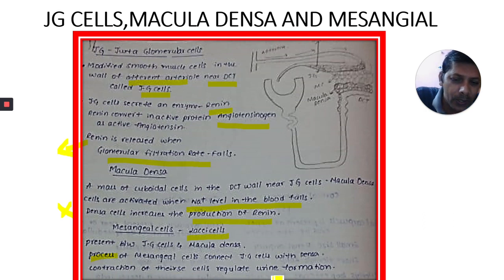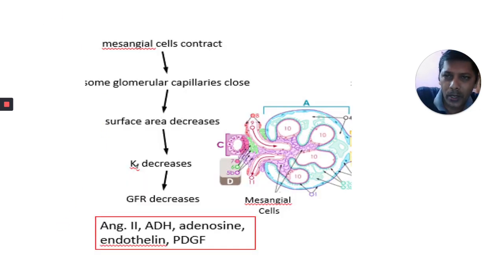It is not given in our NCERT or in our state textbook. When mesangial cells contract, some glomerular capillaries close, the surface area decreases, and GFR, the glomerular filtration rate, decreases. That is the function of mesangial cells.